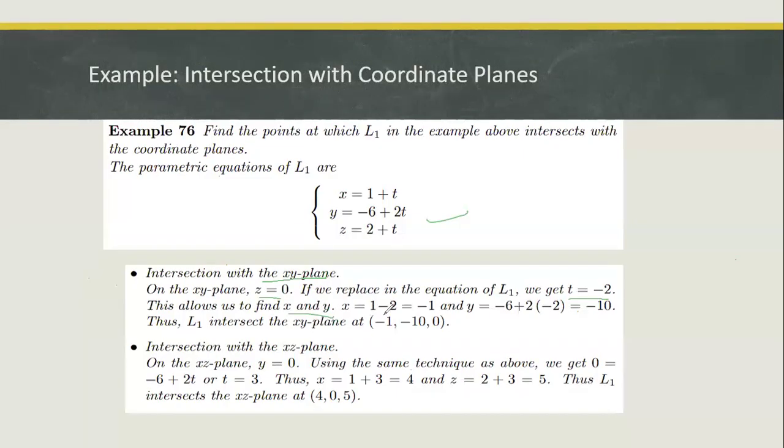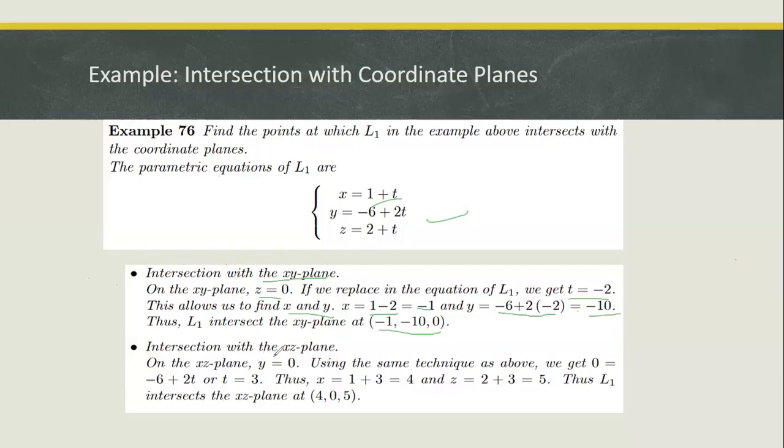So x would be equal to 1 minus 2, which would give us minus 1. And y would be equal to minus 6 plus 2, and instead of t, we replace that with what t is equal to, which is minus 2. And that gives us negative 10. Thus, L1 intersects the xy plane at the point minus 1, minus 10, 0.